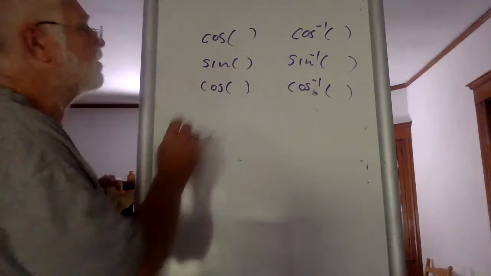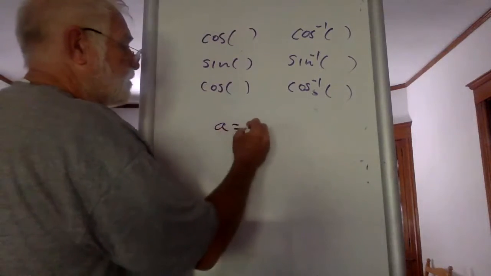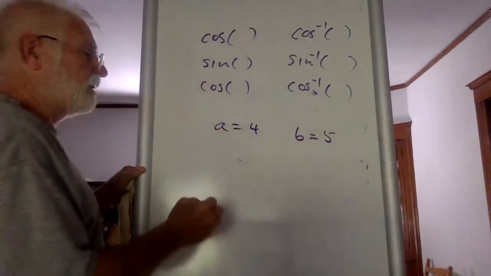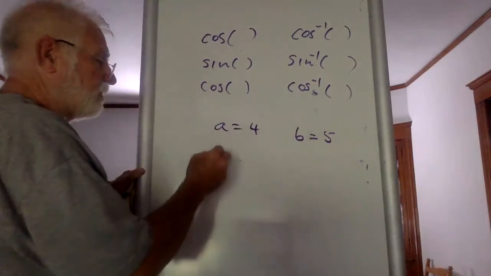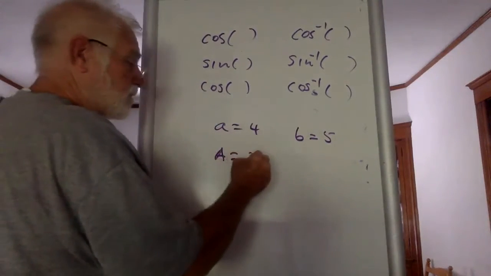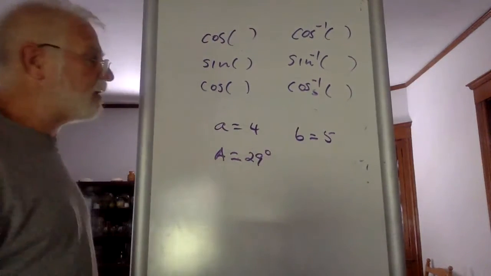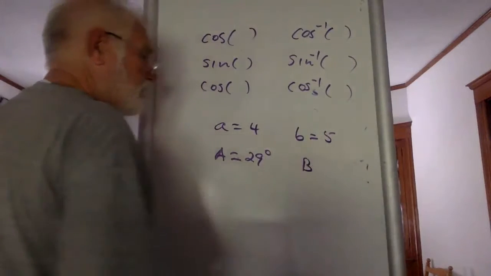All right, so law of sines. Let's say that I give you A equals 4, B equals 5, and C we don't care about right now. Let's say angle A is equal to 29 degrees, because we know 30 degrees is a half. That gives a feeling for the calculation. So what's B?